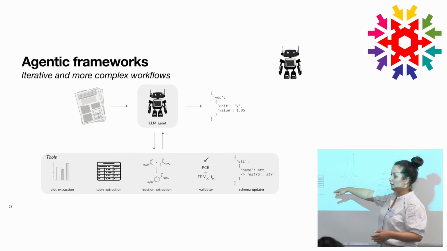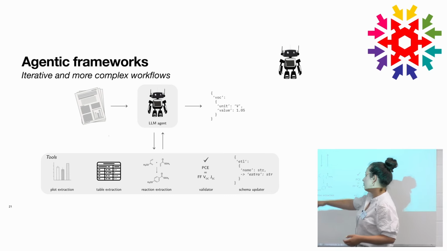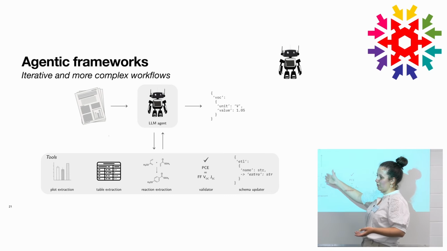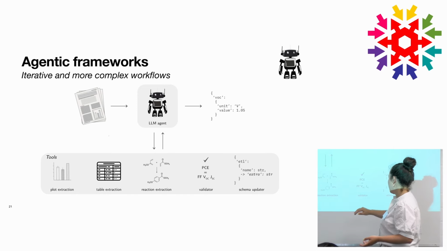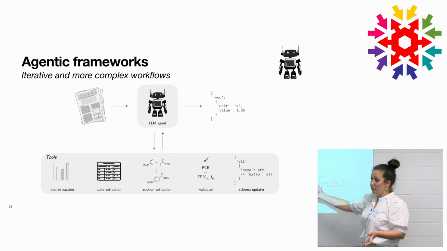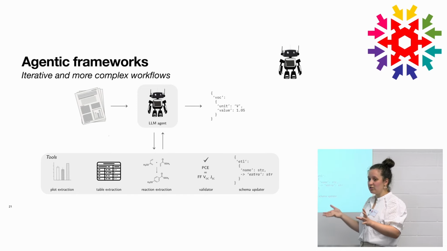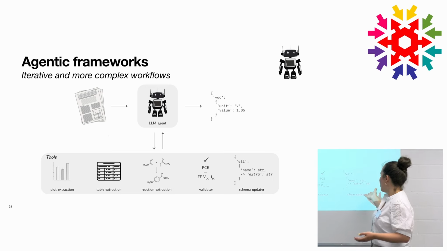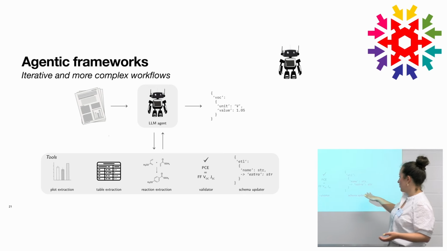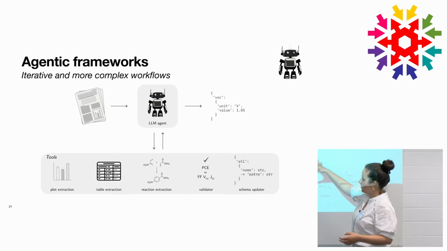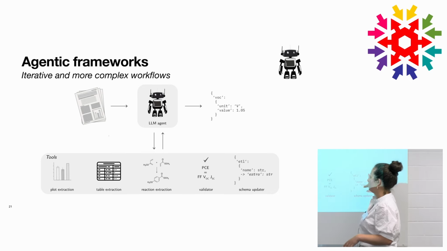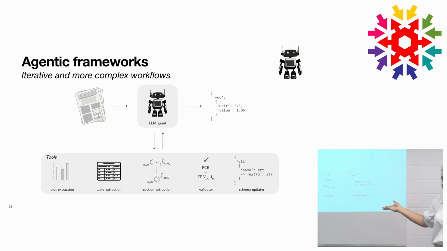You maybe have a tool that extracts tables. In chemistry, we have a lot of those reaction schemas. Models also struggle to extract those. We maybe even have a tool that validates our extraction directly, or something that ensures that our schema is updated. So this model could then interact with all of those tools, and then probably the performance would be higher.